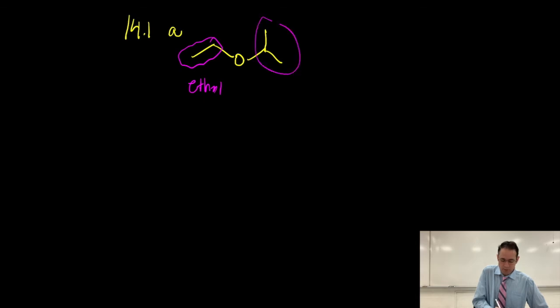This is an ethyl group, and this is an isopropyl group. We abbreviate isopropyl with the I, but tert-butyl with the B, because there's that hyphen there. It's very confusing. I have to remind myself when I ever name something, okay? But E comes before I in the alphabet, so we're going to name this ethyl isopropyl ether.